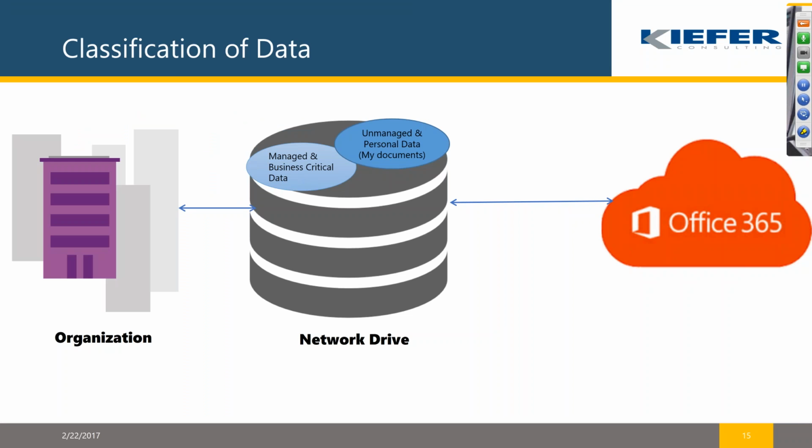If we were to classify all that data, we can classify it into managed and unmanaged data. Managed data includes procedures, policies, business sensitive documents, and classified information. The other part is unmanaged and personal data, where employees can store their personal documents, or just temporary documents and draft documents.